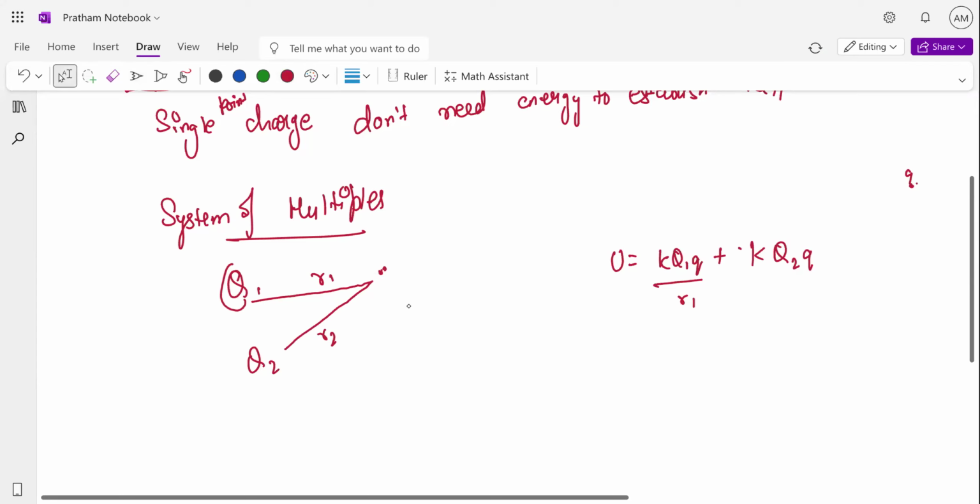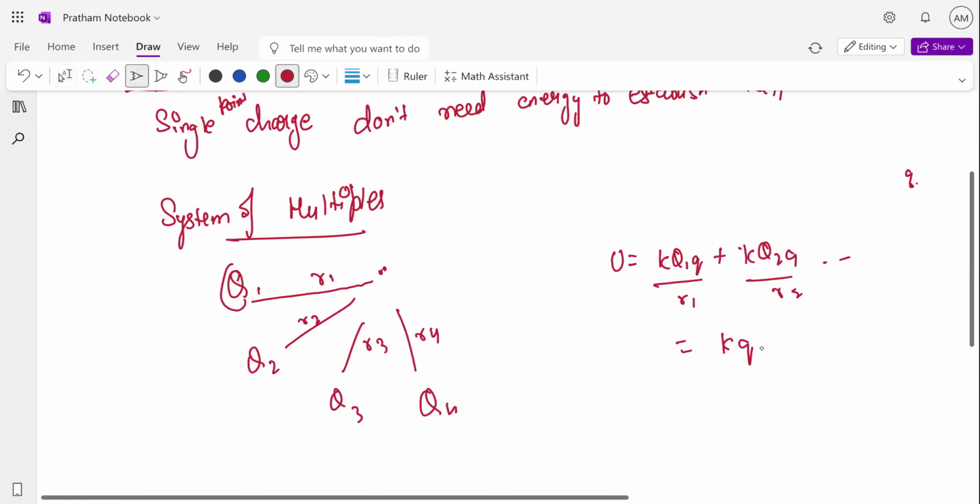If I have multiple charges, Q3, Q4, and so on, at distances R2, R3, R4, what will be the net energy I need? K Q2 Q divided by R2, and so on. So I can write it with KQ taken common: Q1 plus Q2 up to Qn, divided by R1, R2 up to Rn. Is that clear? So this is basically the system of multiple charges I have taken here.